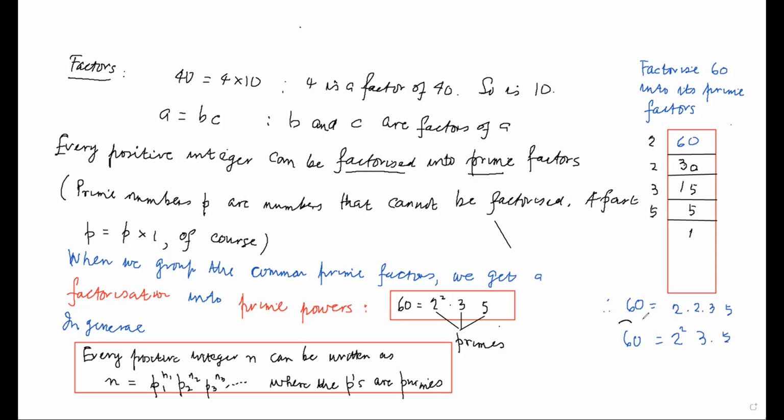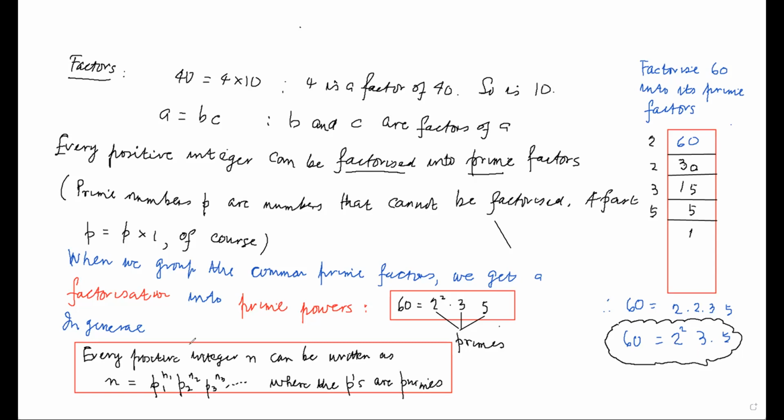So this now becomes a factorization of 60, and we can write it as a factorization into prime powers like this. This is a factorization of 60 into primes. And here, when you group them together, you can write it as a factorization into prime powers.